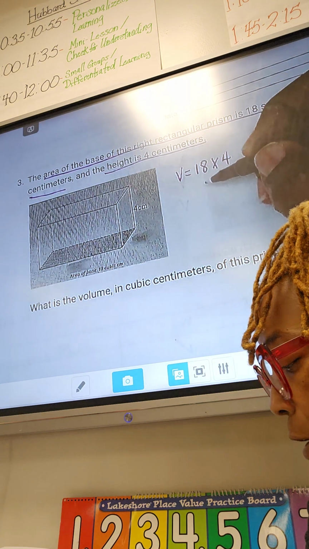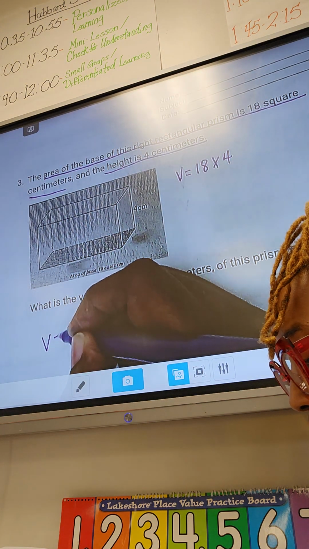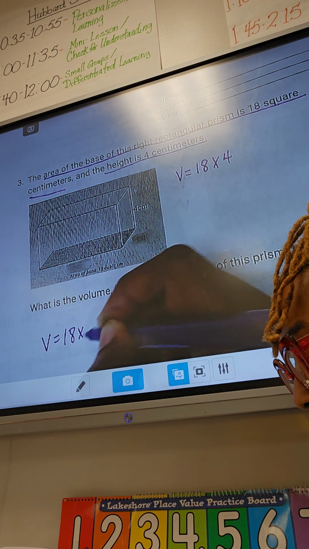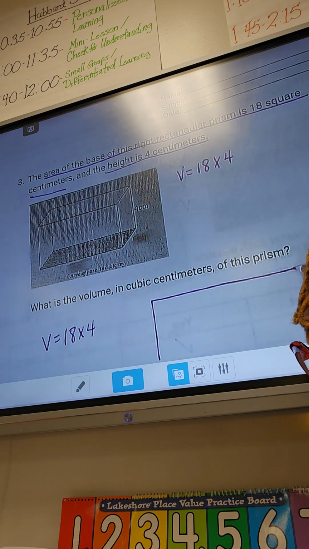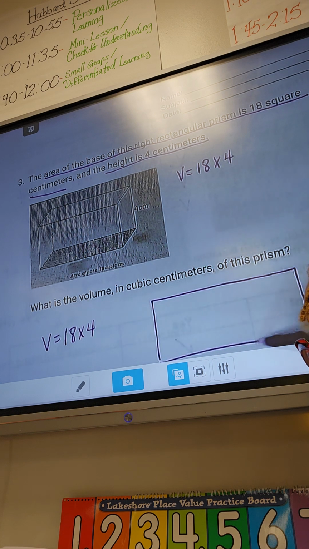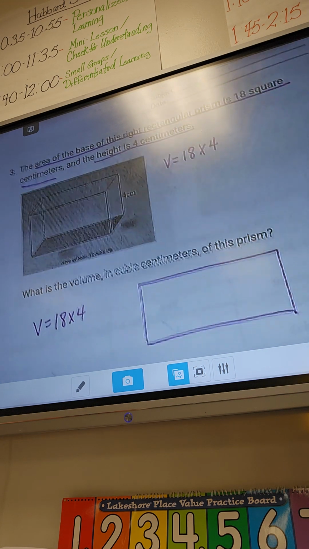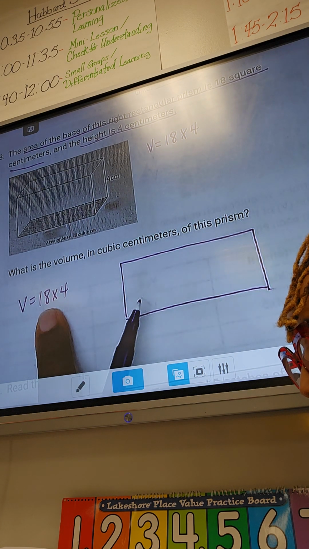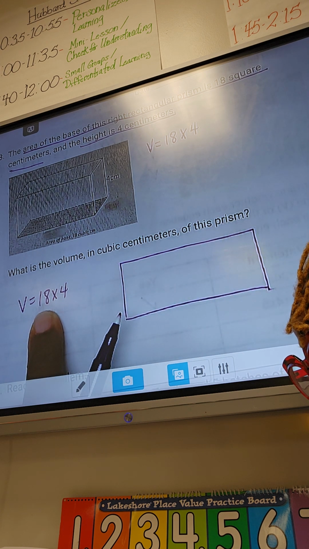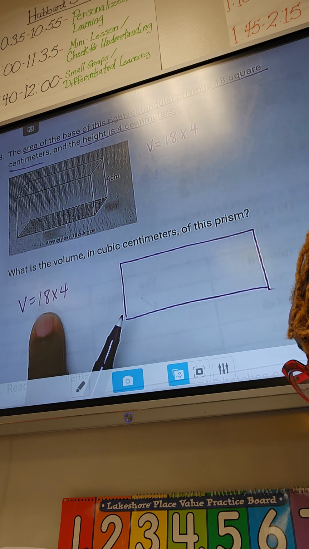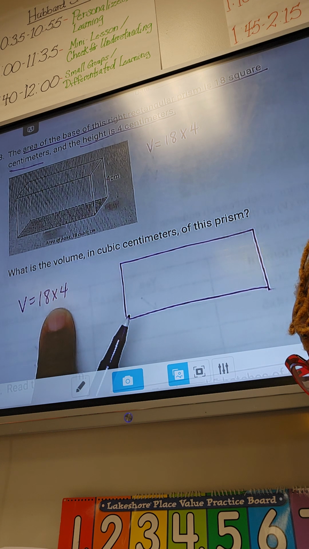So therefore, we've got to find the volume, 18 times 4. You can do an area model. Please be reminded, in your area model, the top, the long part, is your biggest number. So this could be 10 plus 8 times 4.